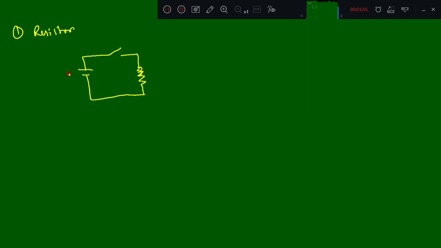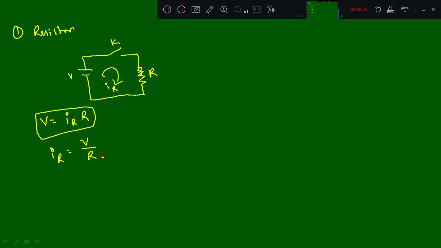So I will take it as V, and the resistor is R, and the switch is K. Then in this it flows the current I. So according to Ohm's law, V equal to I into R, V equal to IR. So I value is nothing but V by R.